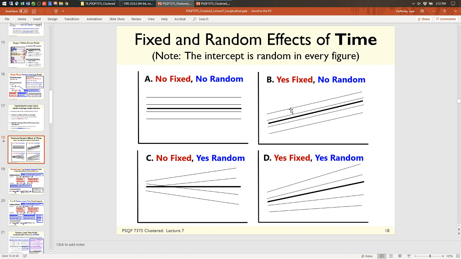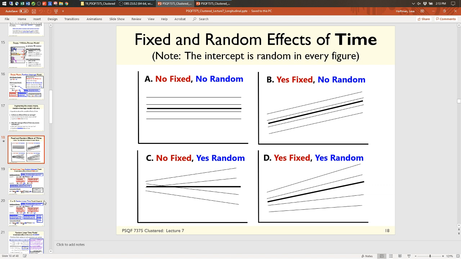That's what a lack of a random slope for time implies. The fact that we still need a random intercept is indicated by the fact that the lines differ from each other on the y-axis. So they're parallel, but they don't all start at the same spot. The bottom two pictures show growth trajectories that vary across the different lines, across the people. So that means we do need a random effect of time. People need their own rates of change relative to whatever the common rate is.